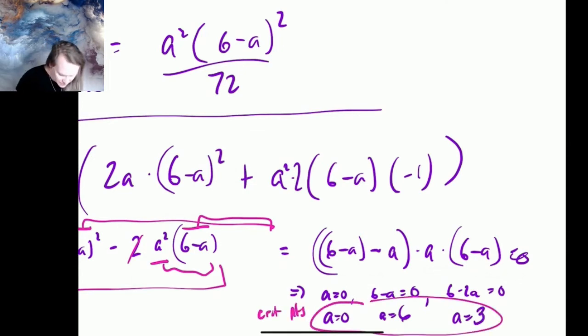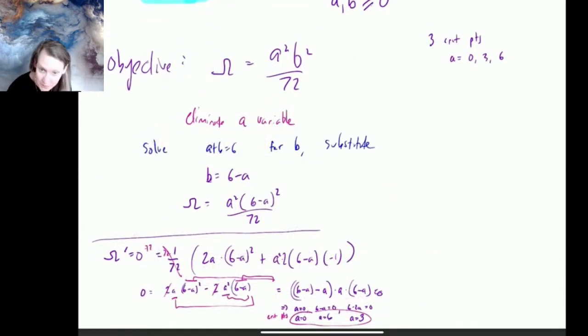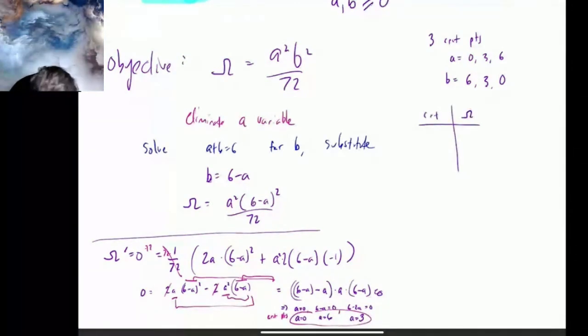Now I want to find the values of b, using my constraint equation solved for b. I plug in my values of a to get the corresponding values of b: 6, 3, or 0. I'm now going to build a table of my critical points and omega values to figure out which ones are the biggest. I have (0, 6), (3, 3), and (6, 0).